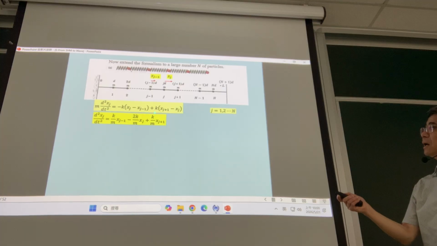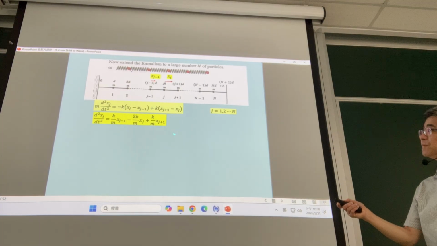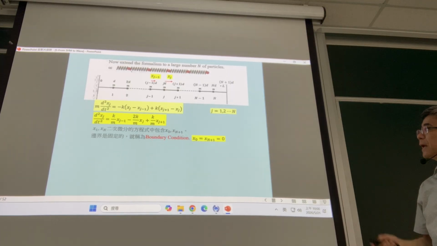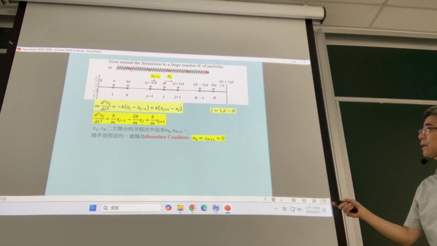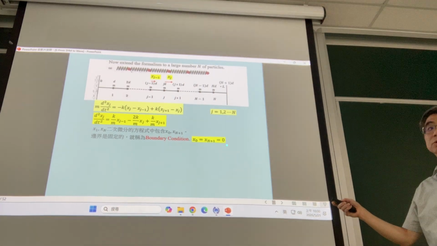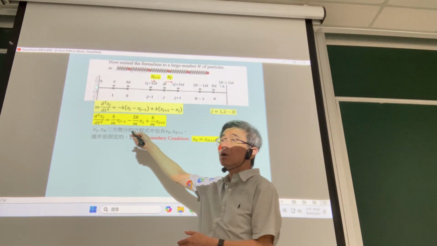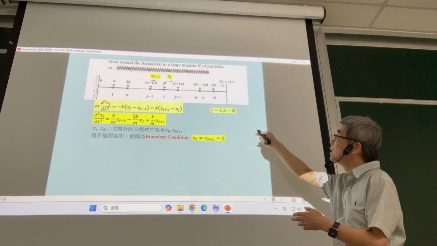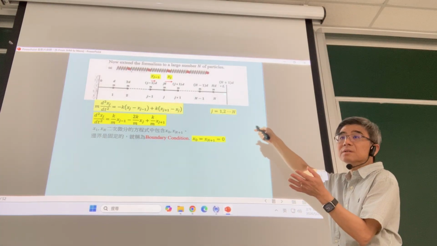I can simplify this equation just like before into this form. If you look at this form and impose a boundary condition that x0 and x(n+1) are equal to 0, that means at this side I put in another x0, but this x0 doesn't move. Here I put in another x(n+1), but it does not move either.